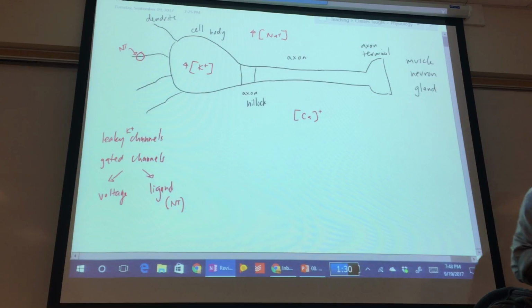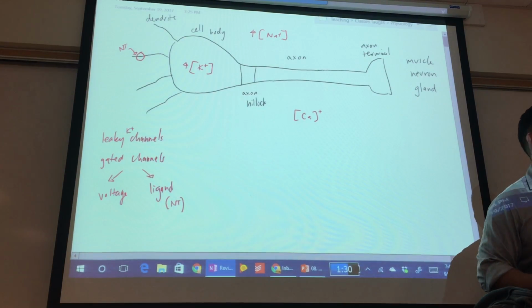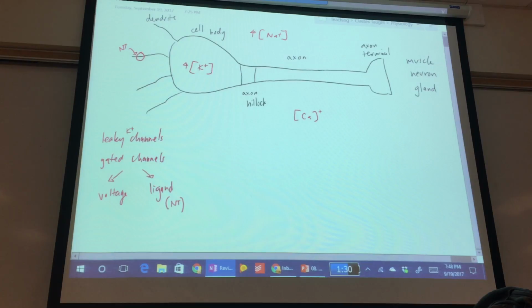Some of the neurotransmitters I talked about are excitatory. The best example for an excitatory neurotransmitter would be glutamate. So if glutamate binds in to one of these channels, it's excitatory. And then something like GABA would be inhibitory. We'll talk about that in just a bit.